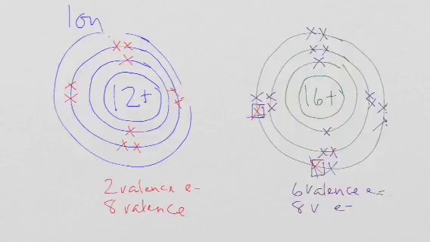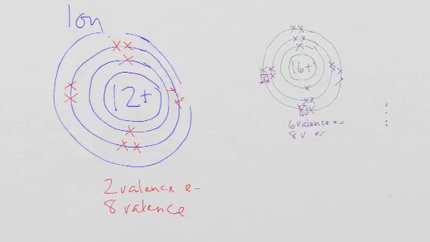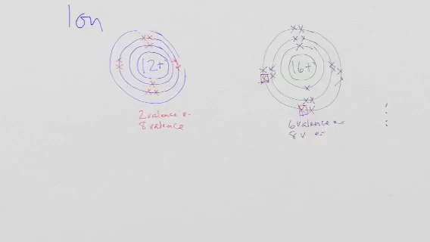Okay? So if these guys are now free floating, they are no longer neutral atoms. Let's make this guy a little bit smaller. Now, if I look at this, magnesium still has its 12 protons.